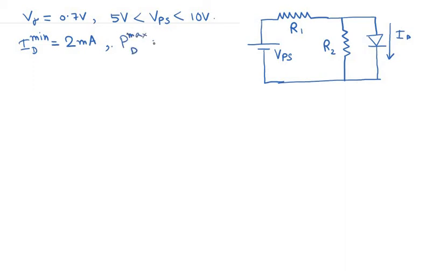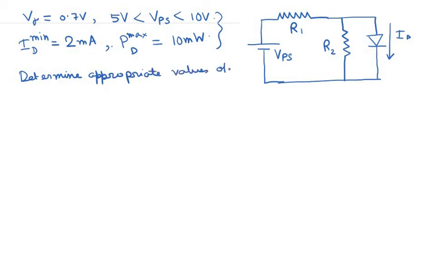So PD max is basically equal to 10 milliwatts. So basically, if the power dissipation across the diode becomes higher than 10 milliwatts, then this diode may burn, or this diode may damage itself. Okay, so this is the information you are provided, and you are asked to determine appropriate values of R1 and R2.